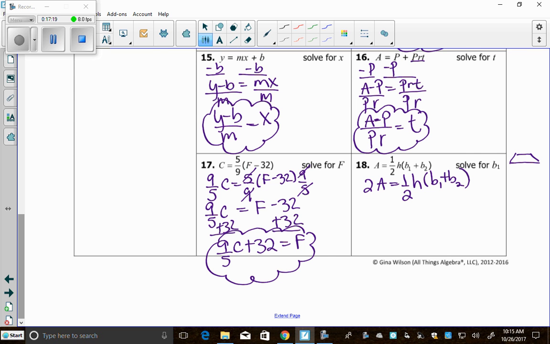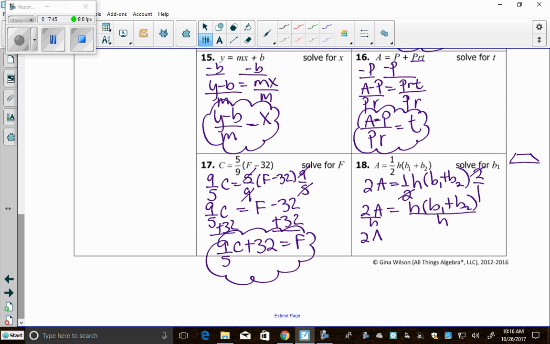All right, so I multiply by 2 on each side, boom, boom, fraction's gone. So now I have 2A equals H times B1 plus B2. I think that some of you might be tempted to distribute the H here. You can, but it makes it more complicated because remember, I'm just trying to get the B1 by itself. I can go ahead and divide by that H instead of distributing.